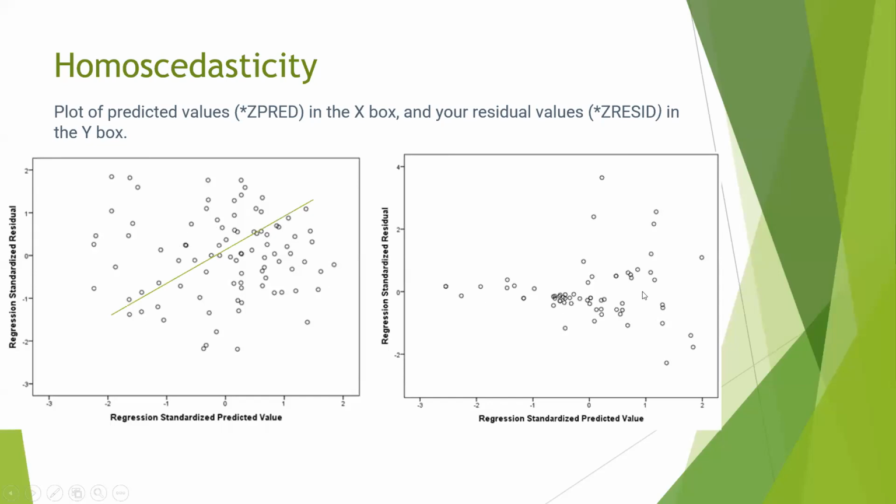But here, if we draw any line on any type of regression in this graph, we cannot see this. If this is the case, you have to say that the homoscedasticity condition is not met, and then you cannot apply linear regression. But in the first case, you can apply it.